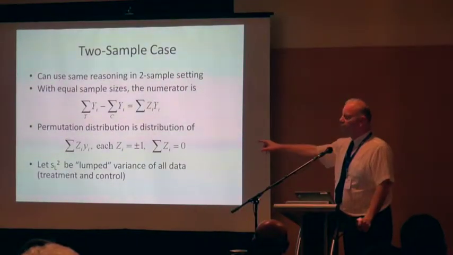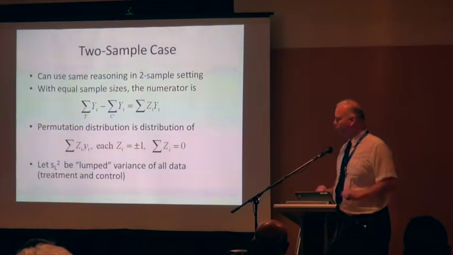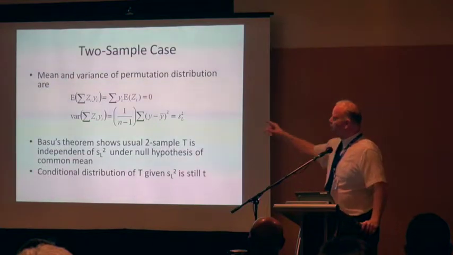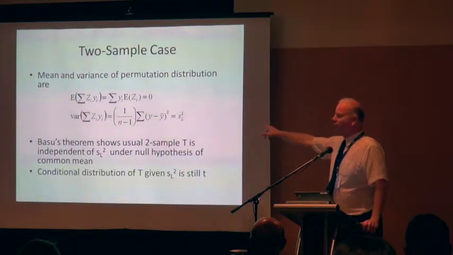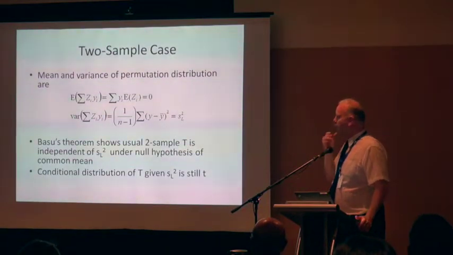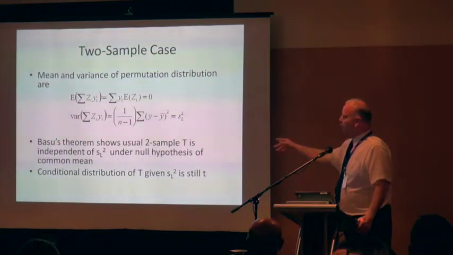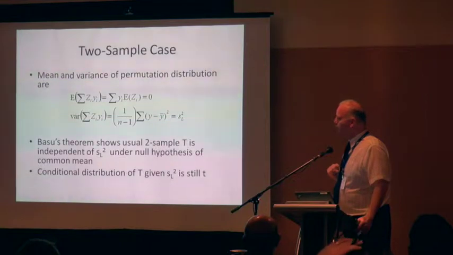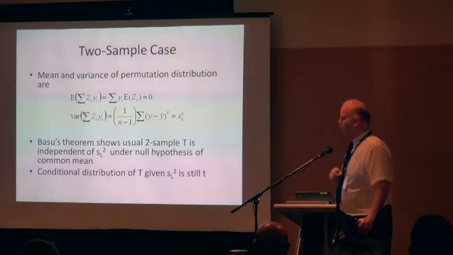If you compute the lumped variance, which is just putting the two groups together and computing the variance of all those observations, it turns out that the mean and variance of that permutation distribution are 0 and that lumped variance, respectively. Again, you can use Basu's theorem to show that the 2-sample t statistic is independent of the lumped variance under the hypothesis of a common mean and the same variance in each group.